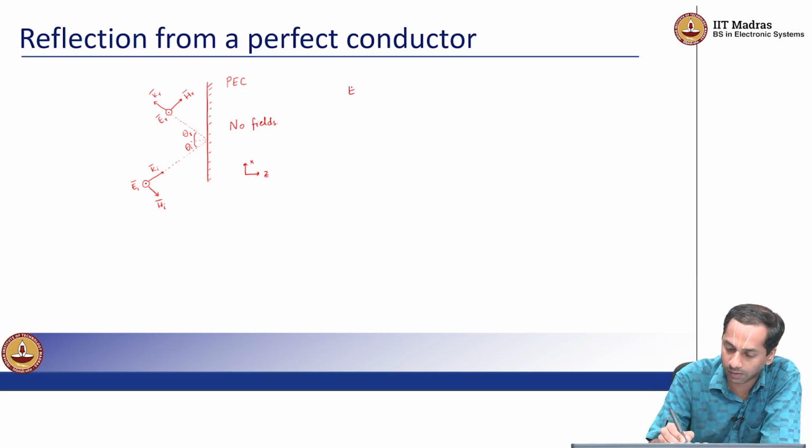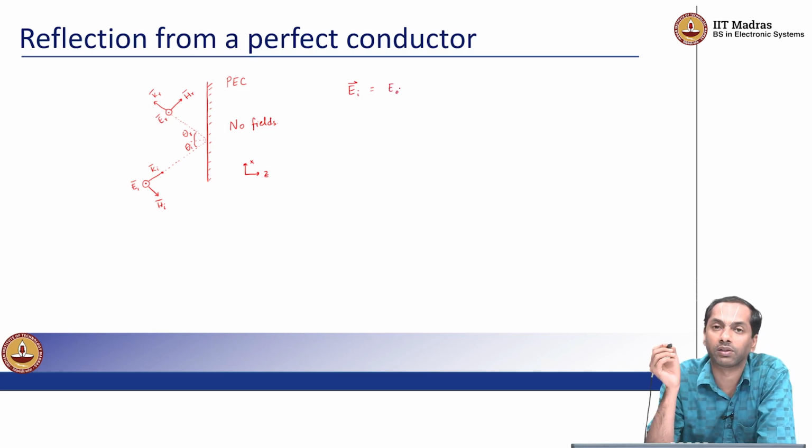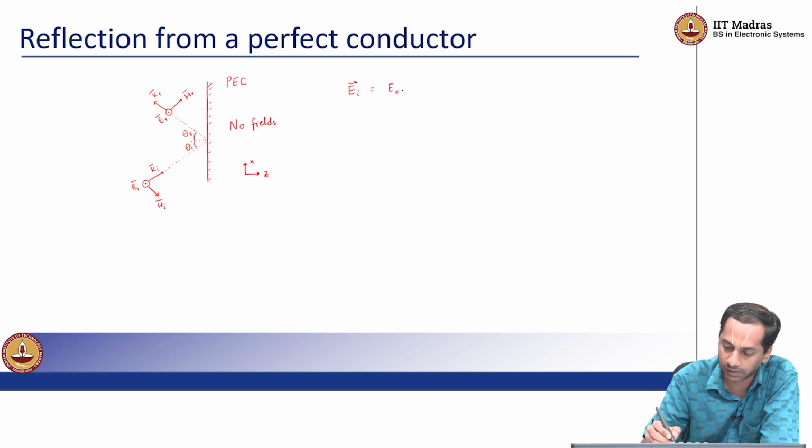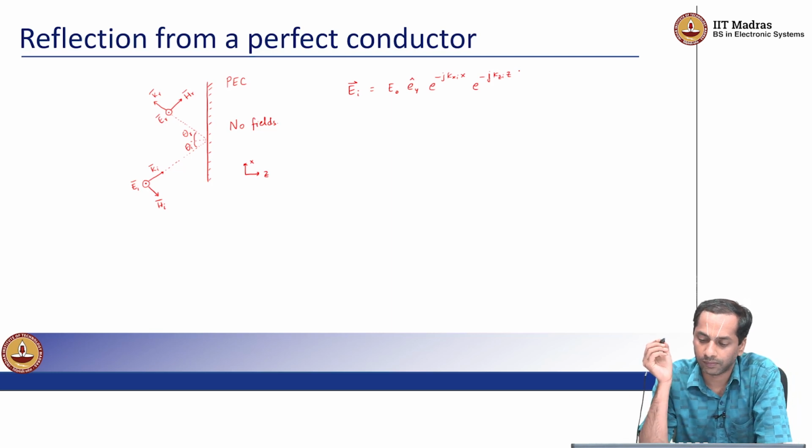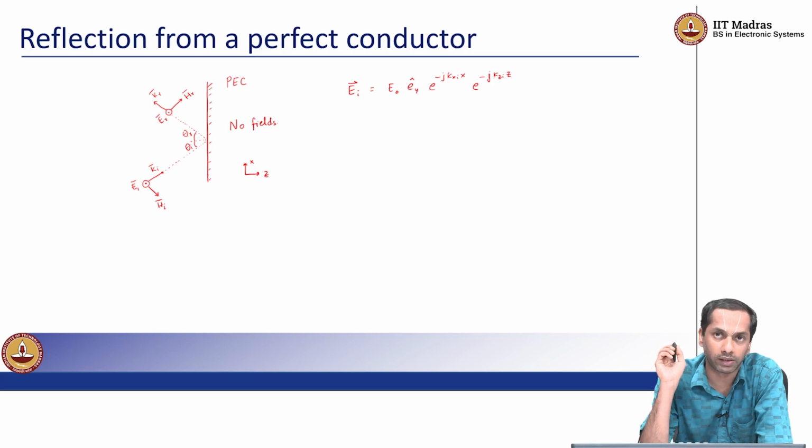So quickly writing down the expressions for the incident and reflected fields, we have E_i is E0 ŷ e to the minus j kxi x, e to the minus j kzi z. Magnitude, direction, spatial variation, and temporal variation we are ignoring.